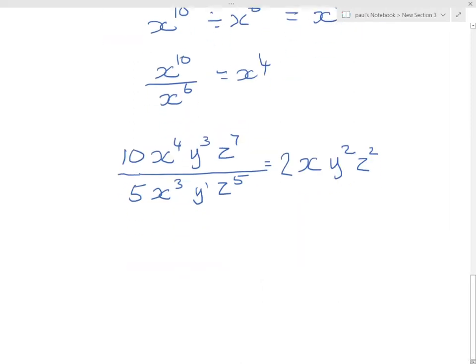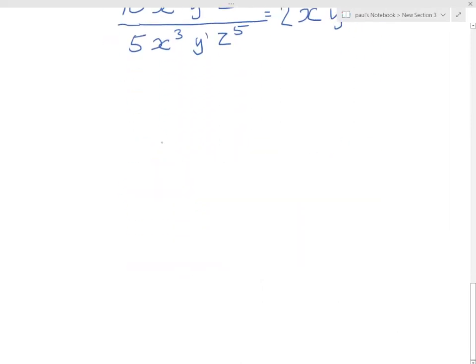Now, the higher bit of this is when we have minus numbers. For example, we go back to multiply and we do x to the 4 times x to the minus 2. Now we're going to add the indices.